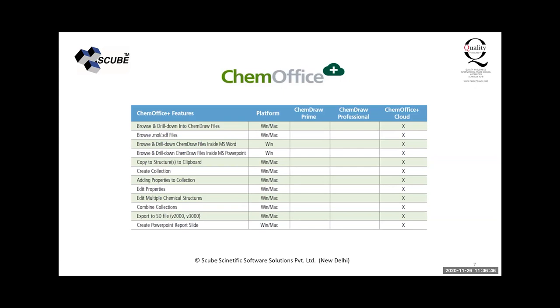You can edit the properties, add properties, combine collections. You can directly export those molecules to create your PowerPoint report slide, right? So don't be confused by these cross marks. Cross marks means it's basically an included feature in ChemOffice Plus. Right?